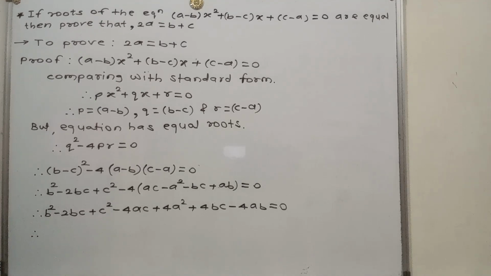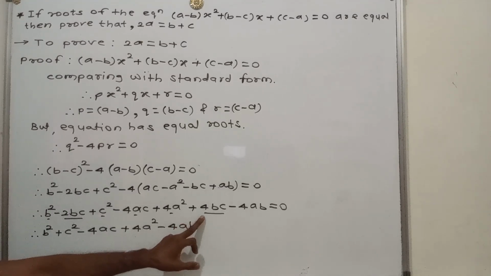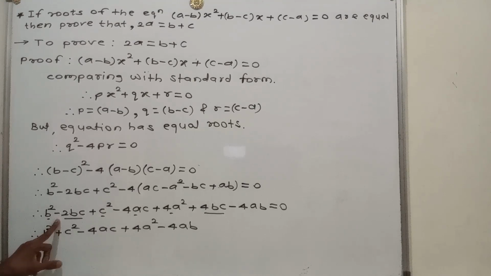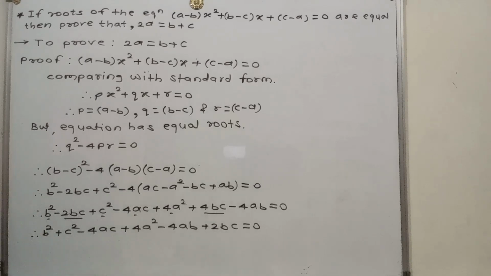So we write b² + c² − 4ac + 4a² − 4ab, now plus 4bc minus 2bc means plus 2bc, is equal to 0.